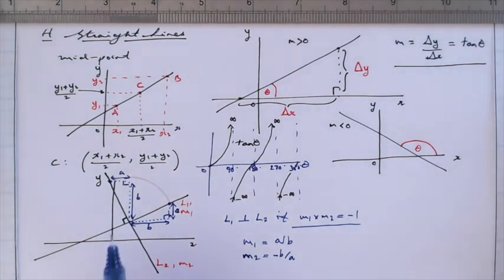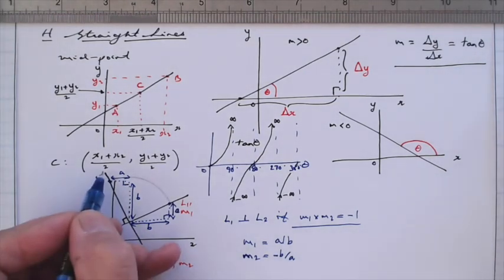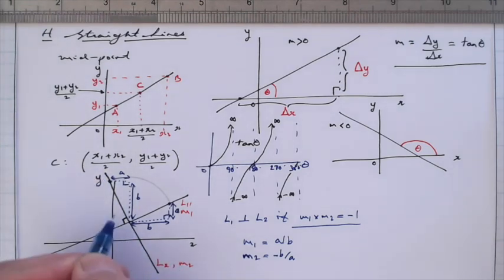If you were evaluating these slopes from actual coordinates, the sign would work out automatically, but I'm just using A and B as positive distances here. So I have to put that negative sign in manually because obviously this line has a negative slope.